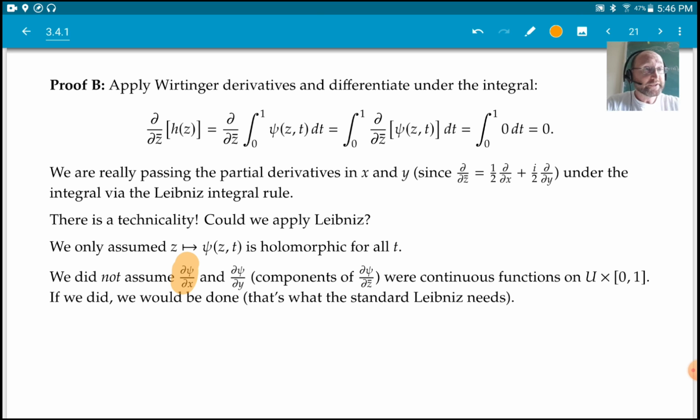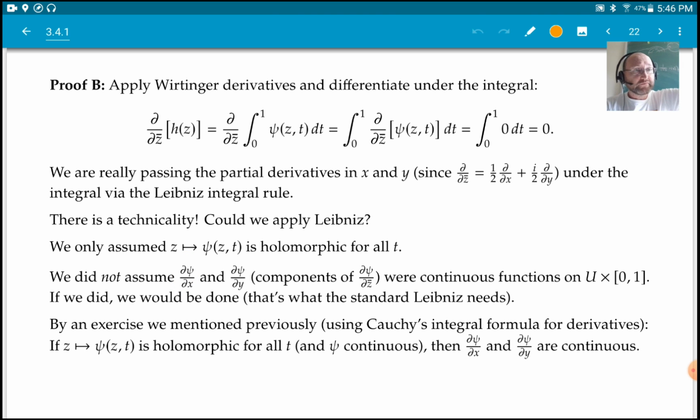So if we did add that extra assumption, then yeah, this would work. But we actually had an exercise. If you have this condition that this guy is holomorphic for each fixed t, and the function c is continuous, then this was an exercise that I talked about before. You actually do get that these guys are continuous functions of all the variables, and that follows from writing down the derivative using the Cauchy integral formula, right?